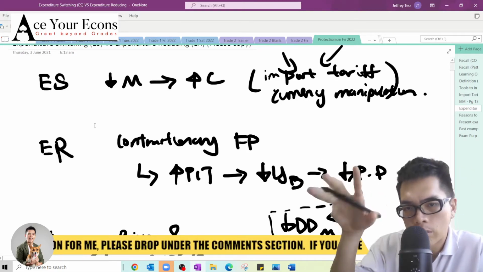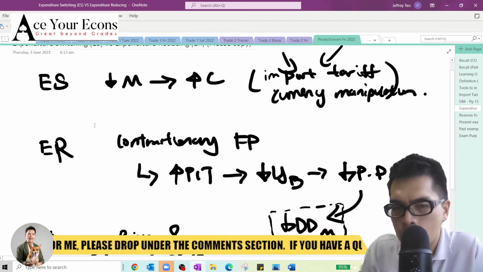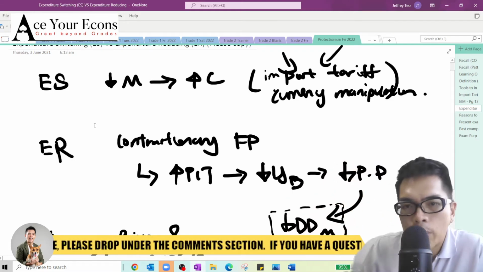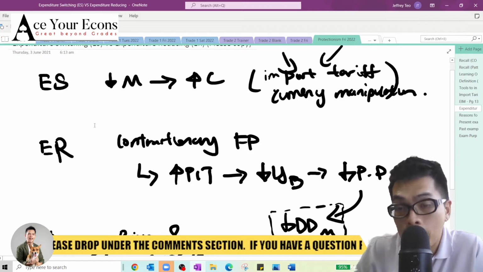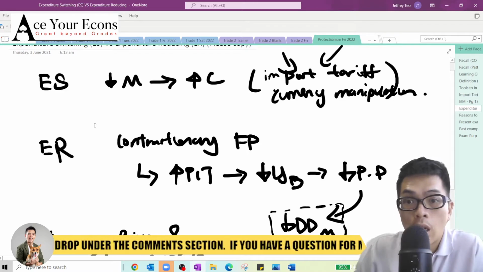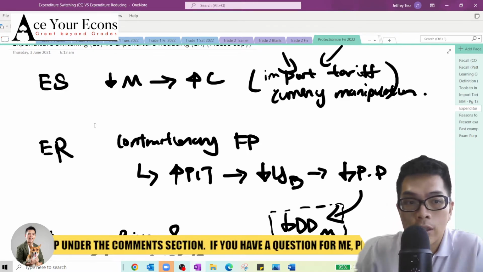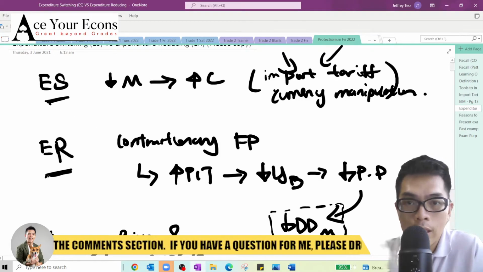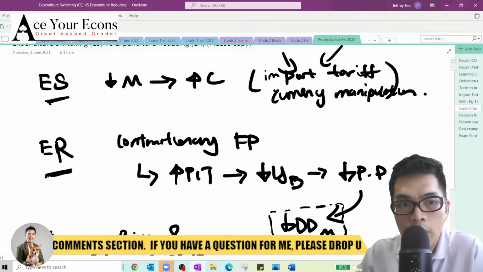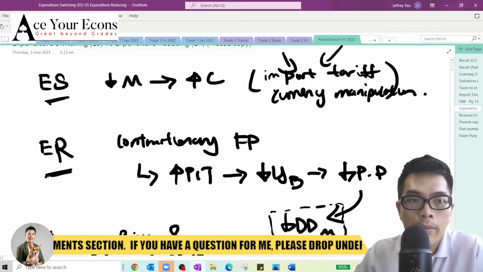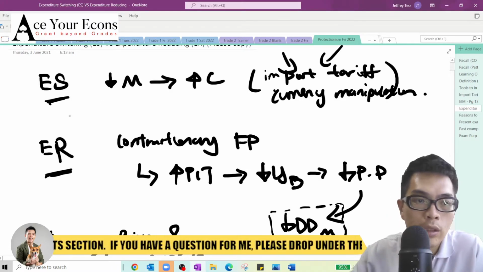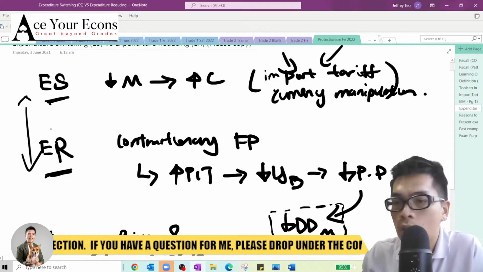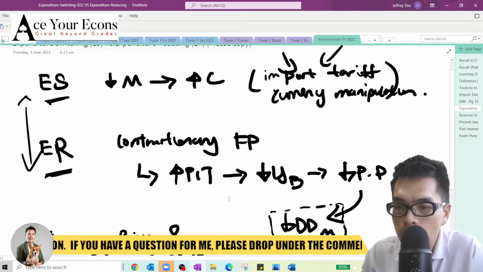So for those who have not encountered ES and ER, they are likely to be in your balance of payment or balance of trade notes. If not, it will be under protectionism. Look out for these two terms. For those who are self-schooling, I've attached some notes in the LMS. You can look out for these two terms as well, depending on what school you want to use.